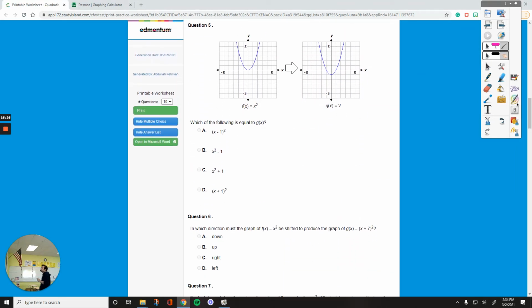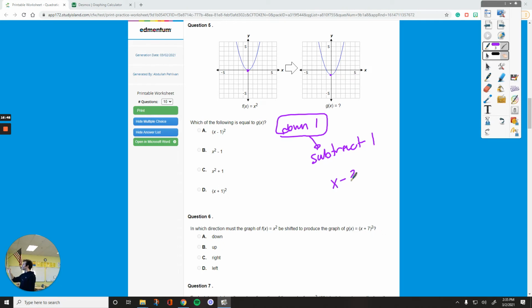Question number 5. I see what is going on. The center, the vertex of the graph, the quadratic, moves from here to here. This is like down 1 unit. That means you need to subtract 1 from the whole function. Subtract 1.